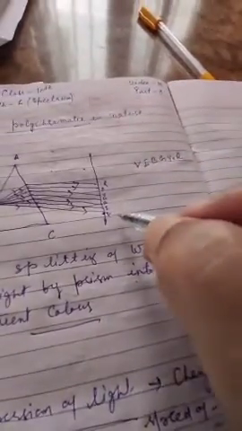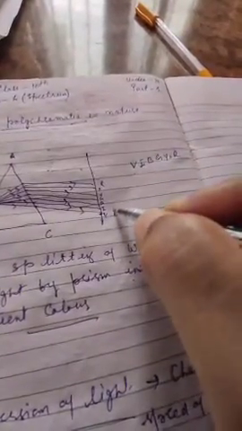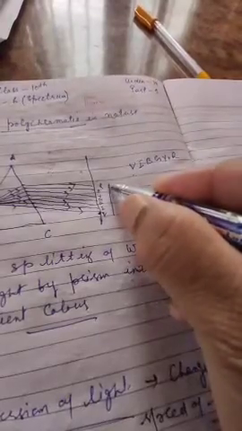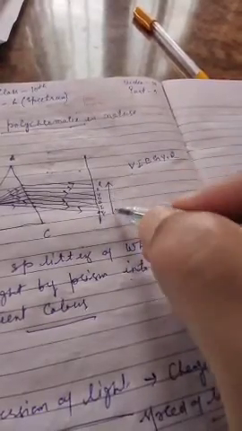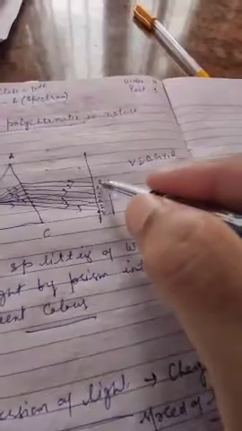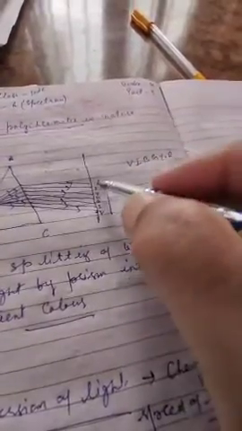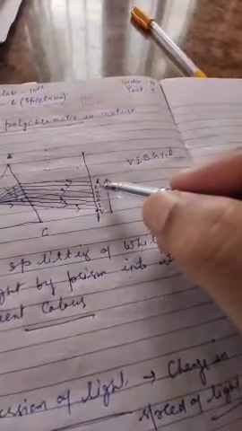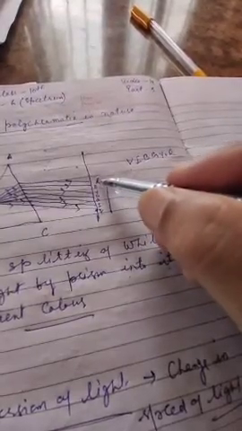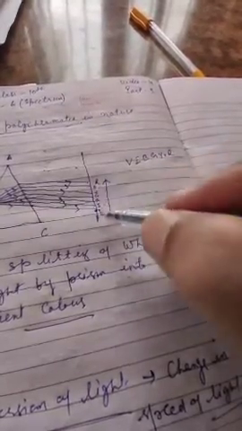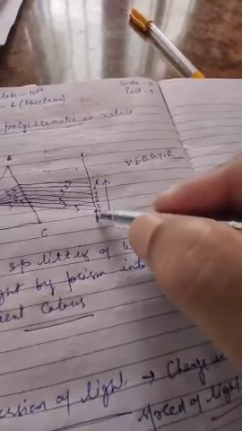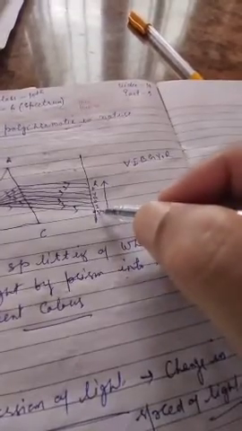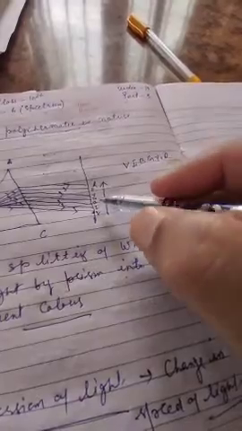Now if you move in the upward direction, the wavelength of the colors will increase. The wavelength of red is more compared to the wavelength of violet.